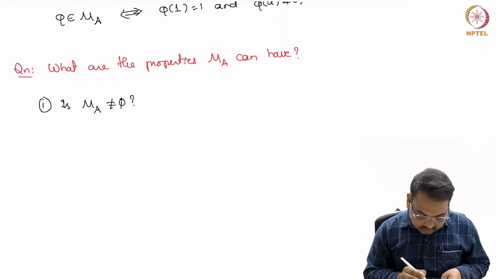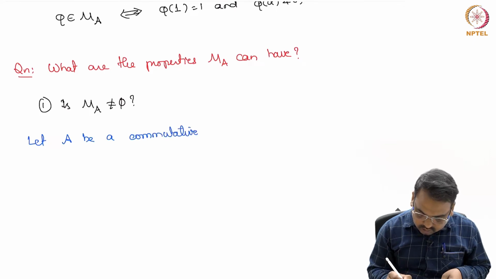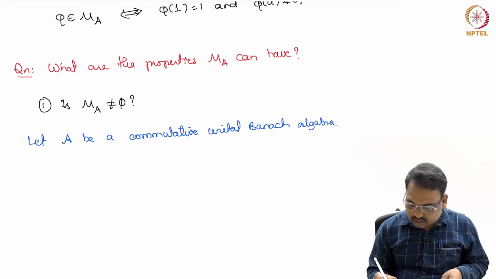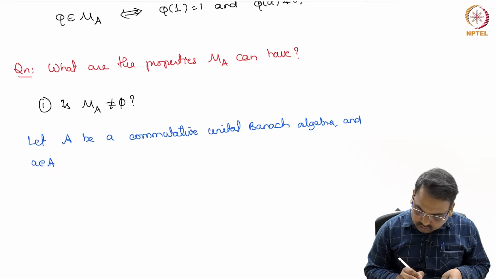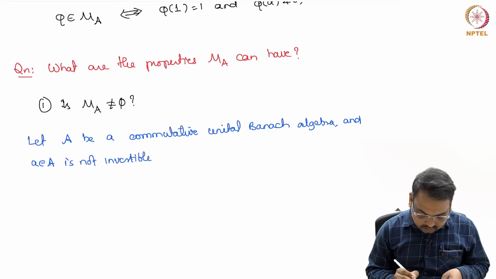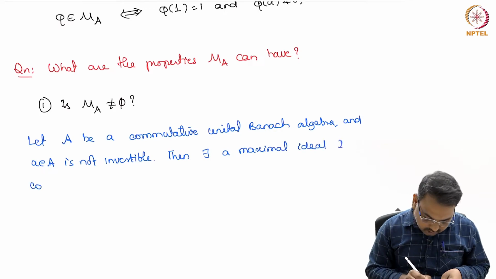But when A is commutative, let A be a commutative unital Banach algebra, and if you take any element in A which is not invertible, then we can show that there exists a maximal ideal I containing it.